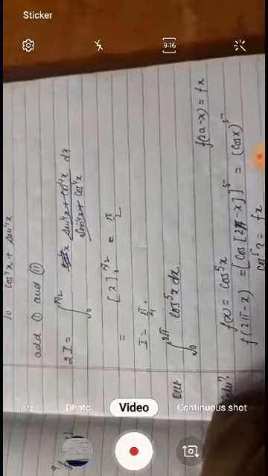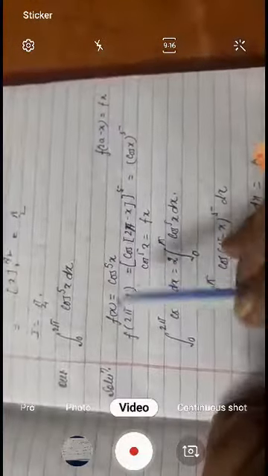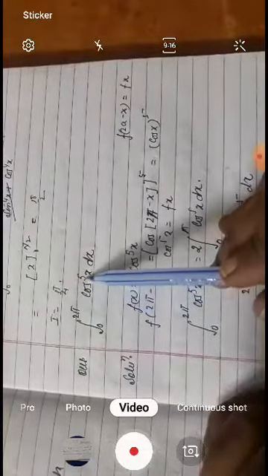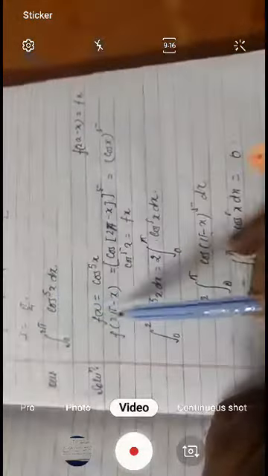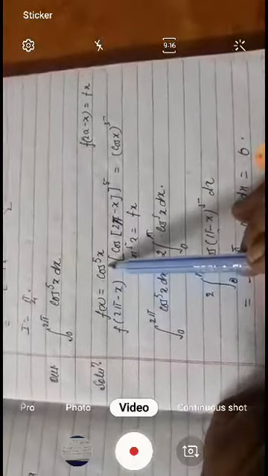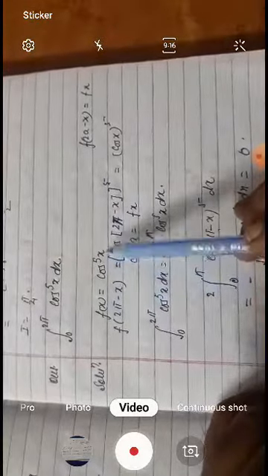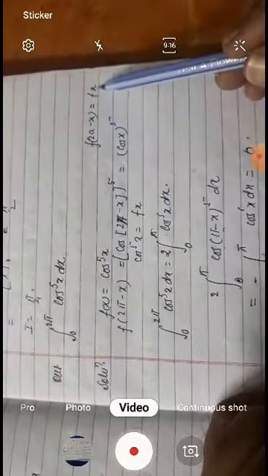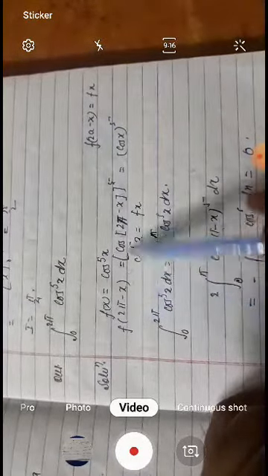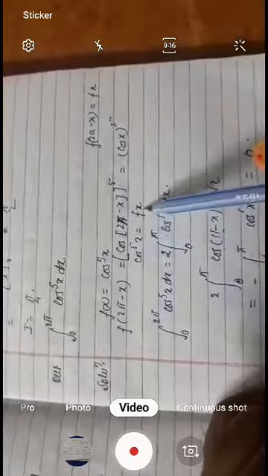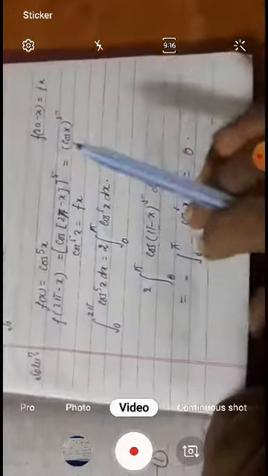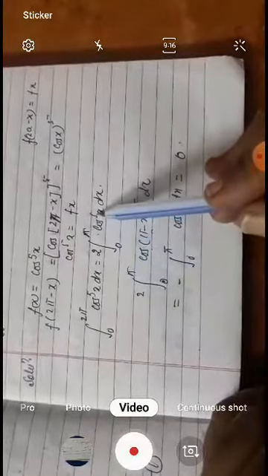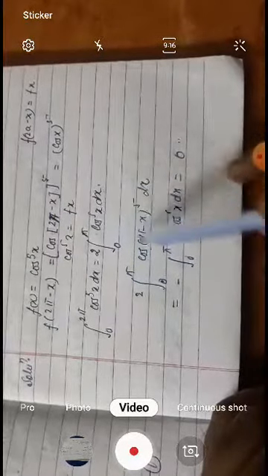This is a very easy form. We only have to apply it as it is. If we get 0 to pi cos to the power 5x dx, firstly we have to take fx equal to cos 5x, and using the property f(2a minus x), we get the value of fx, then it is the function 2 times 0 to pi cos to the power 5x dx.